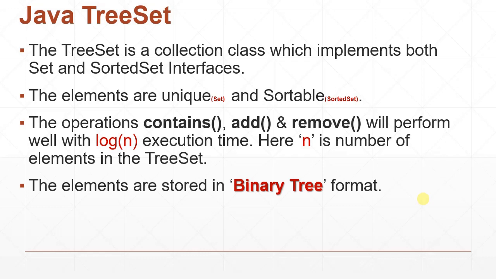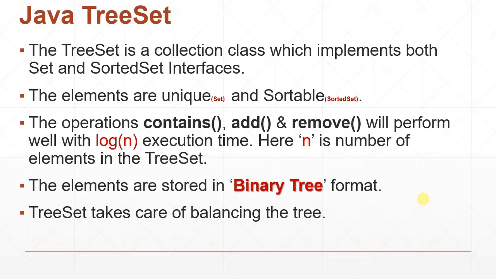The elements are stored in binary tree format to achieve this log n execution time for the methods contains, add, and remove. We will learn about binary trees in some other video. For now, we just need to know that the underlying data structure for the TreeSet is a binary tree.